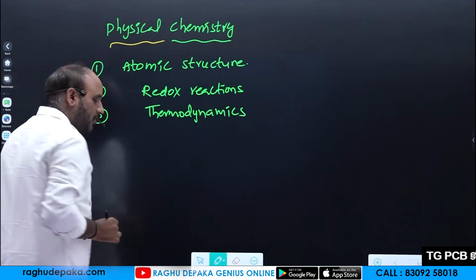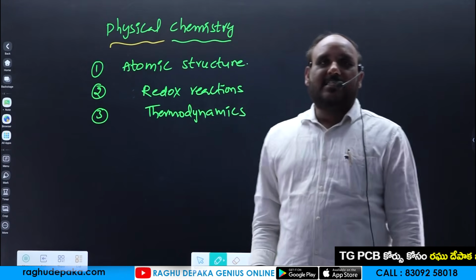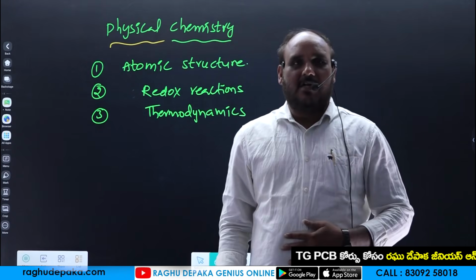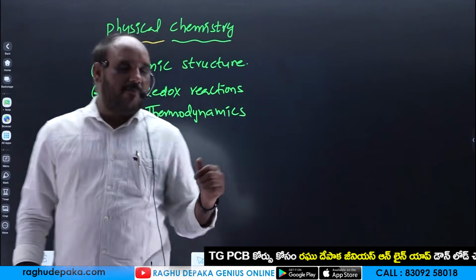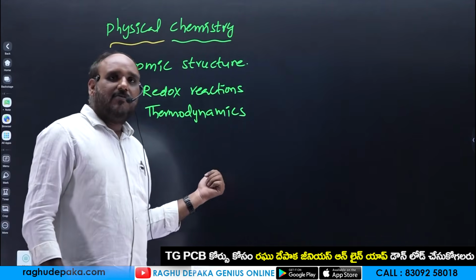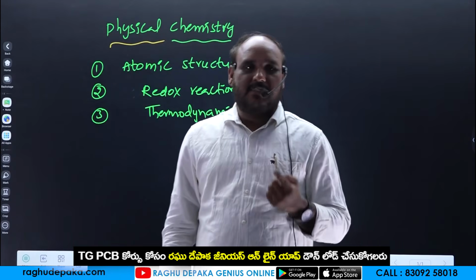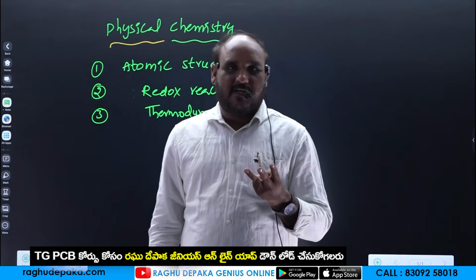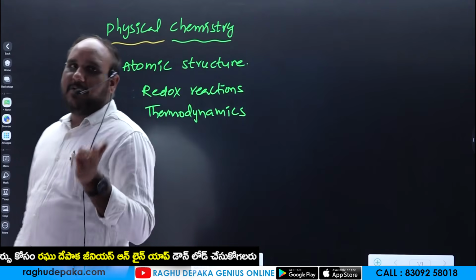Then coming to the third one, thermodynamics. Whenever any reaction is carried out, whether that reaction is spontaneous or not, the nature of this spontaneity can be explained with the help of thermodynamics. Here we explain all the laws: the zeroth law, first law, second law of thermodynamics, and the limitations of the second law, which are kept in the third law.